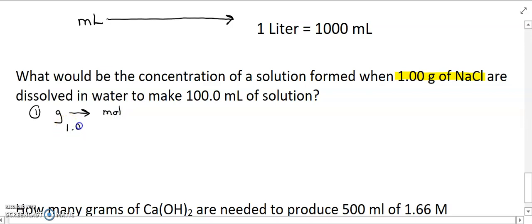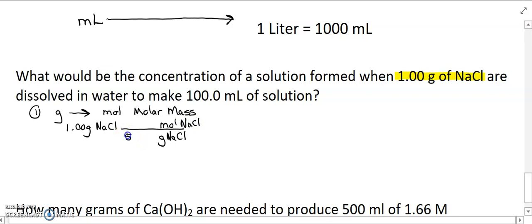I have 1.00 grams of NaCl. And that means grams needs to go on the bottom so it can cancel out. And this is going to be a molar mass. And I know that it's grams per mole of NaCl.